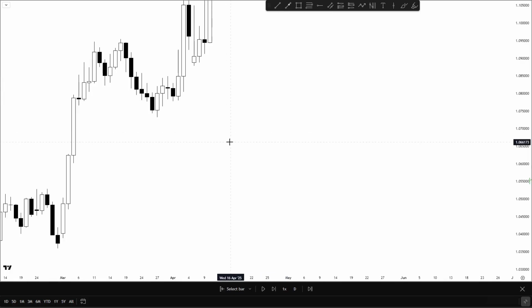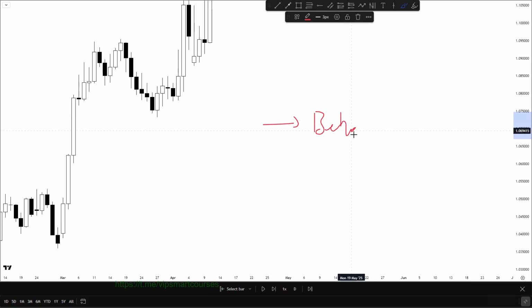So first of all, let's talk about what makes a candle a high probability or a valid order block. The first core component, the non-negotiable, is that it must show a specific sort of behavior, and we talked about what those behaviors are.